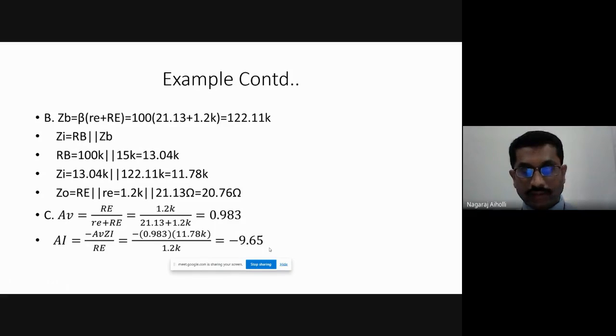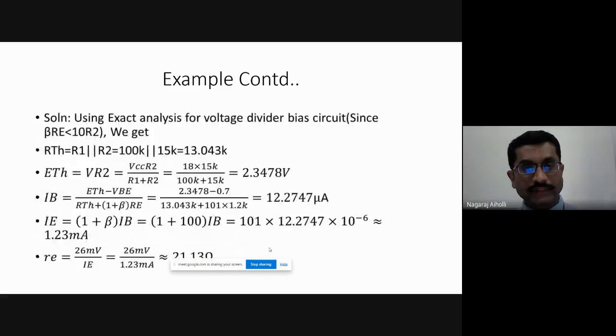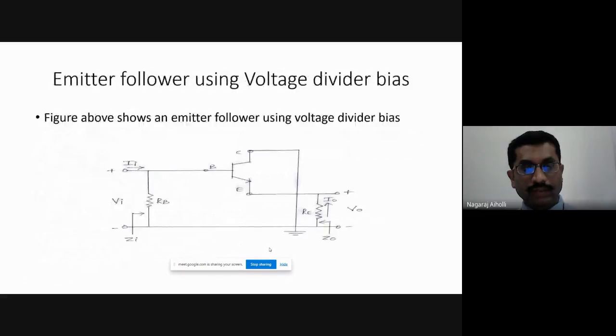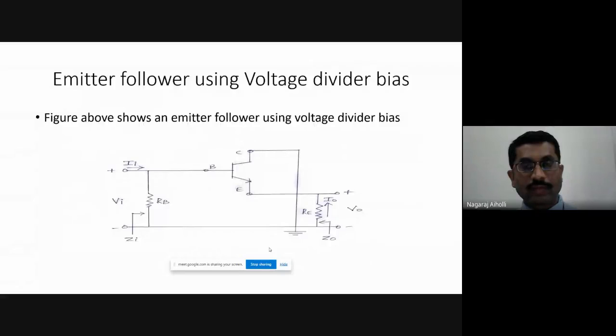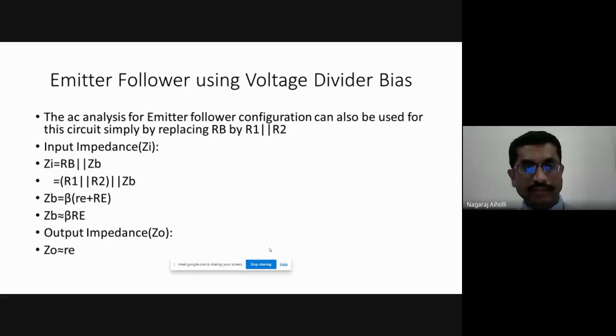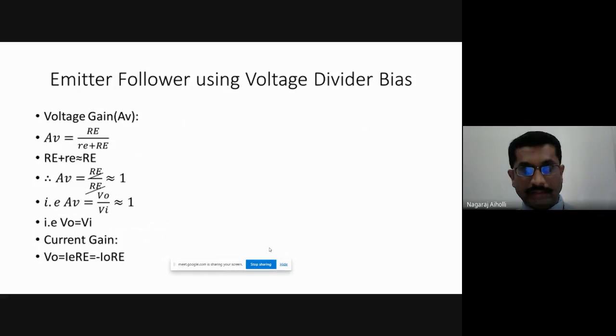So that is today's topic, students. We have discussed in today's class the emitter follower using voltage divider bias, and how it is different from the voltage divider bias circuit, the main difference between the two. Then we derived the performance parameters of the emitter follower using voltage divider bias by replacing RB by R1 parallel R2 in the equations of the emitter follower circuit: input impedance, output impedance, current gain, and voltage gain.